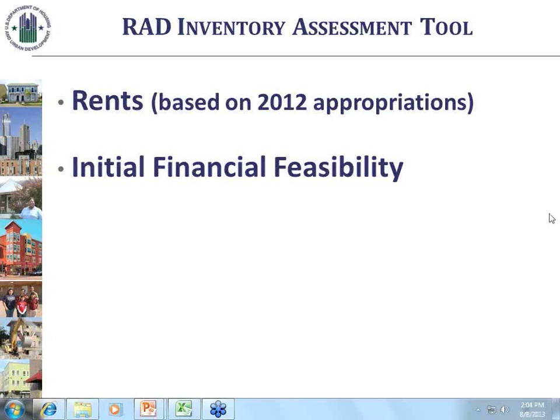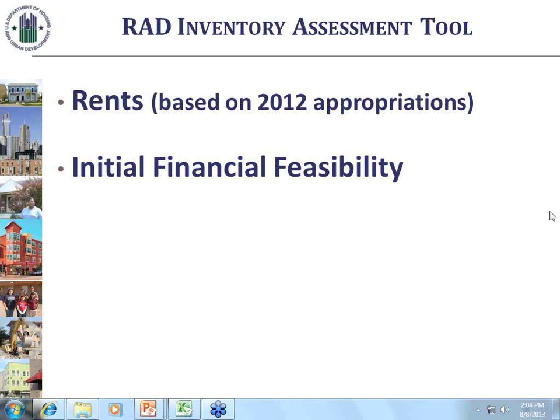And of course, this is old news for the returning listeners. The rents are based on calculations made in 2012 of your operating capital and tenant rents received. And these rents will continue to be honored for any applications we receive in calendar year 2013. I want to stress that.